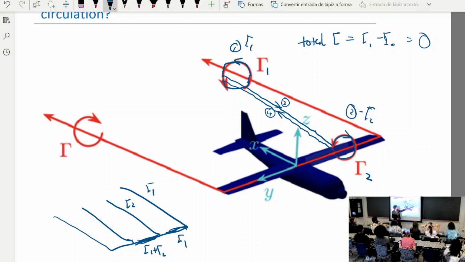So in the integral for getting the blue number, I have exactly the same velocity field. But remember, gamma by definition is the integration over the contour of velocity dotted with dl as a vector. So velocity was the same no matter whether I'm doing the red integral or the blue integral, but dl is going to be exactly minus of each other. That's why the sign of the red integral and the sign of the blue integral should be exactly opposite.